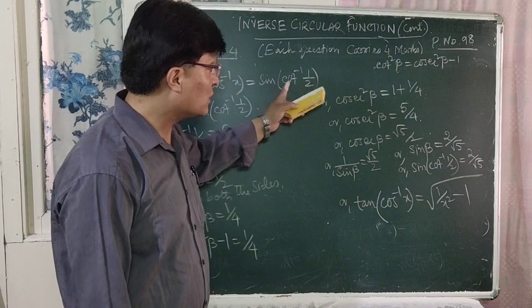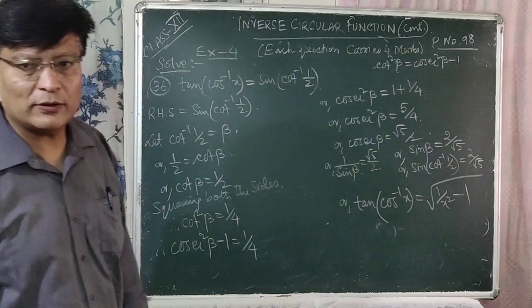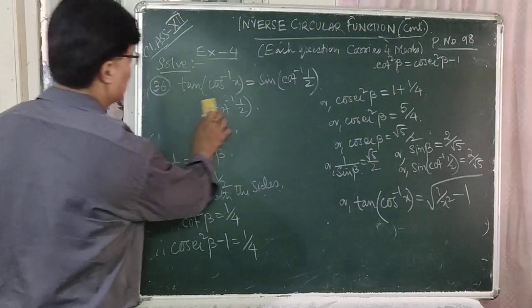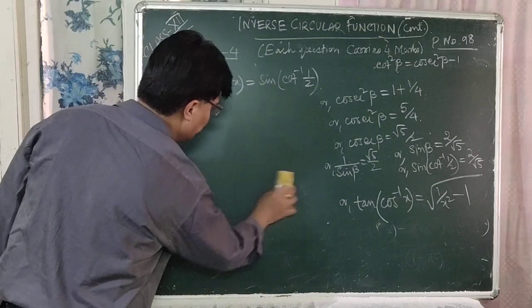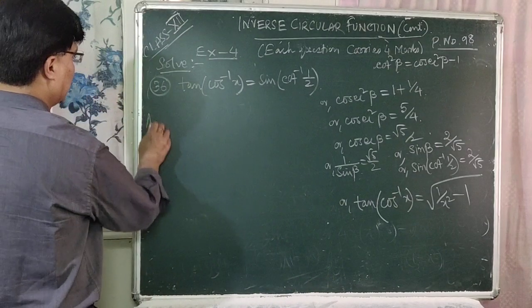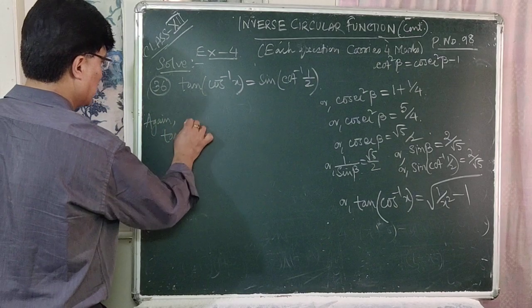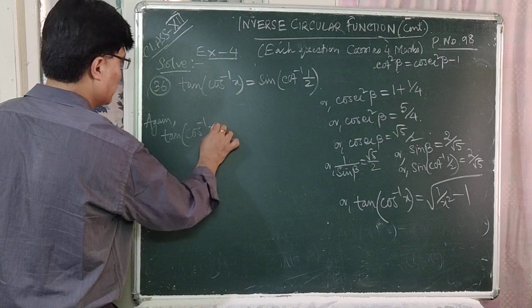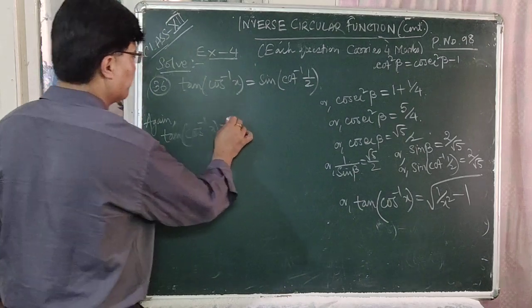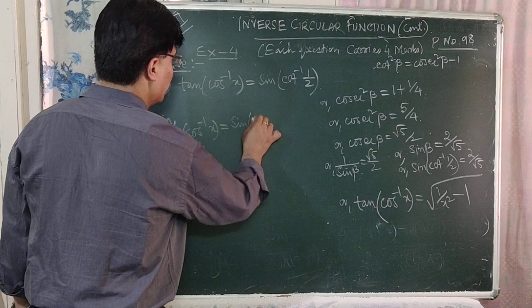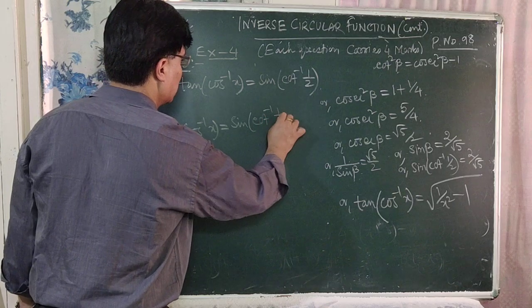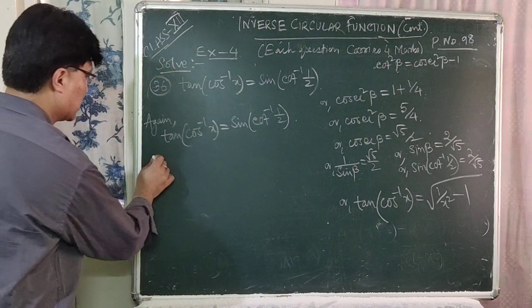That is sine of cot inverse half is equal to 2/5. Okay? So again, you will write down the question. Tan of cos inverse x is equal to sine of, within bracket, cot inverse half, right?